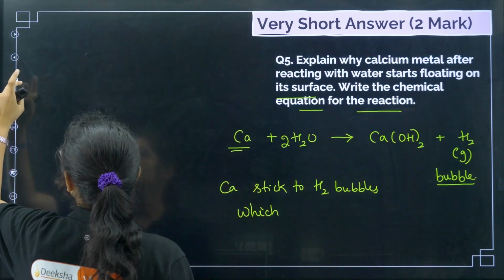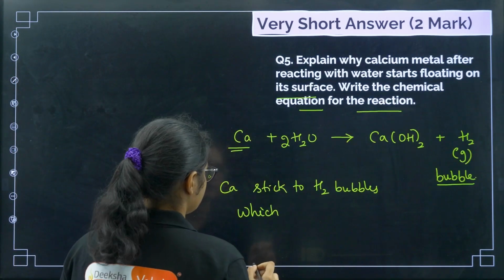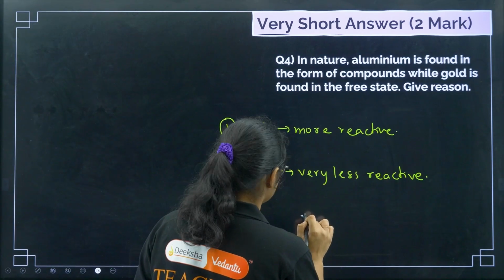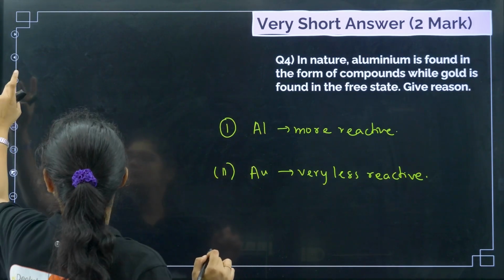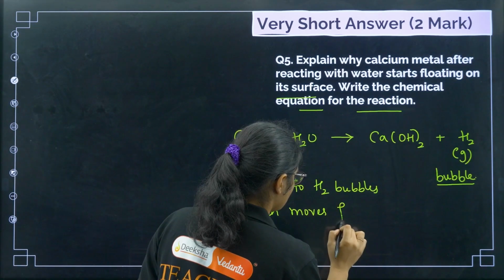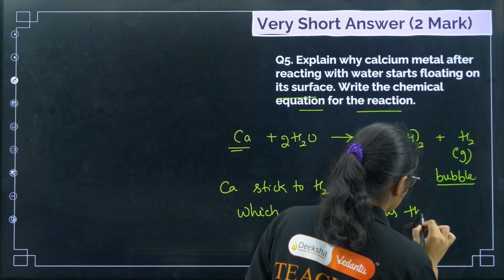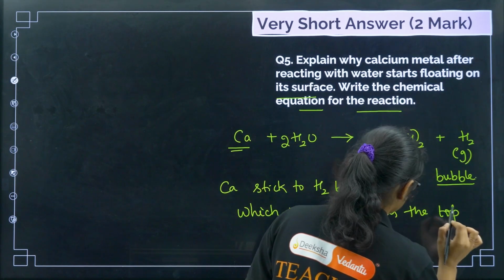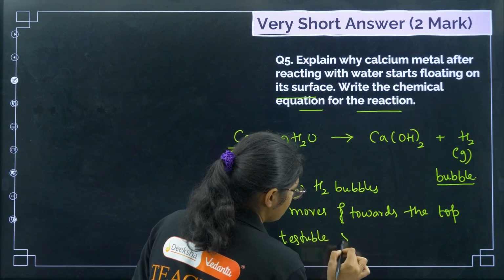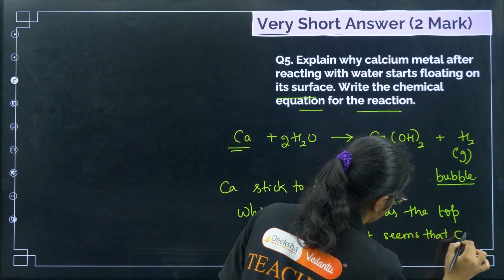Okay, which moves forward, or you can write which moves towards the top of the test tube, if you are doing it in a test tube or something, and it seems that calcium is floating.